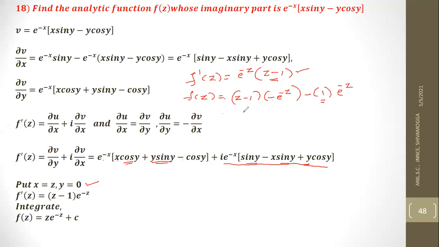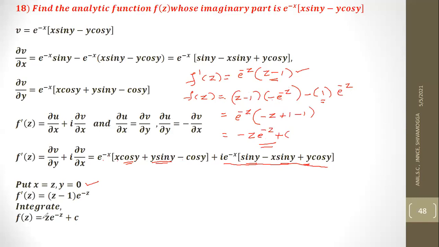Here e power minus z is common in both the terms, take it outside. As e power minus z comes outside, we get minus z, minus into minus 1 plus 1, minus 1 here. Therefore, this is equal to minus z into e power minus z plus an integral constant c.